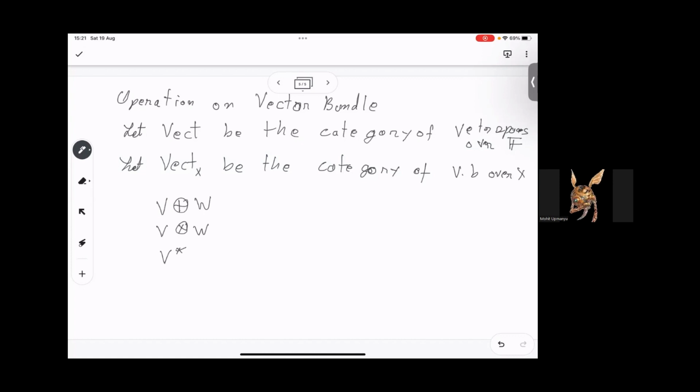We can extend all of these operations to vector bundles, right? So we could take direct sum of vector bundles, tensor of vector bundles, and dual of vector bundles.